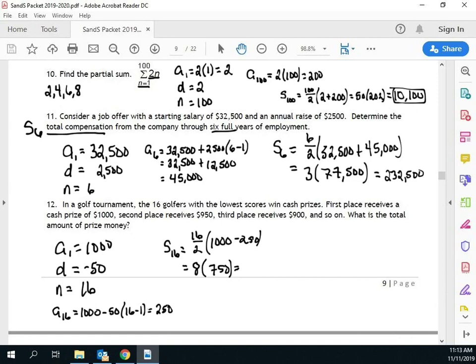Because, oh, is it plus? Is it plus? Ooh, sorry. Brain fart there. Yes, it's a big difference, isn't it? That would be bad. Somebody get 8 times 1,250? 10,000. Oh, gosh. All right.